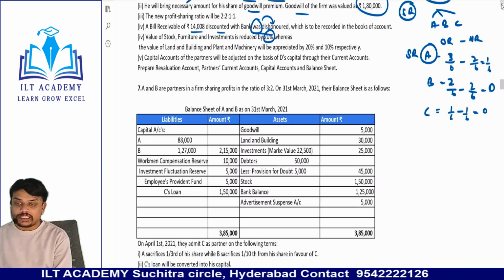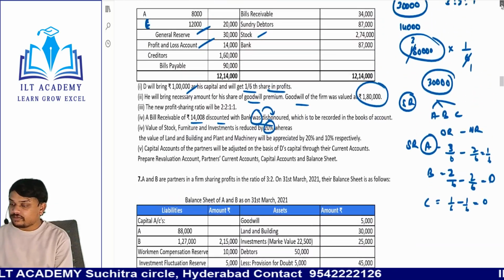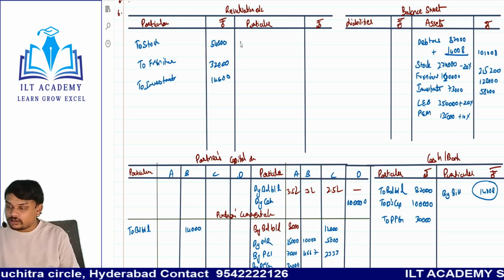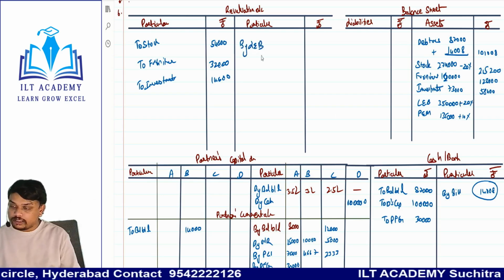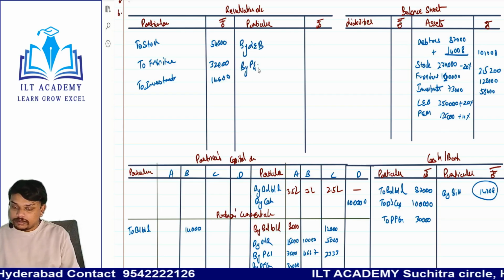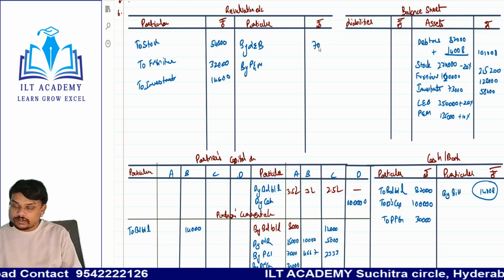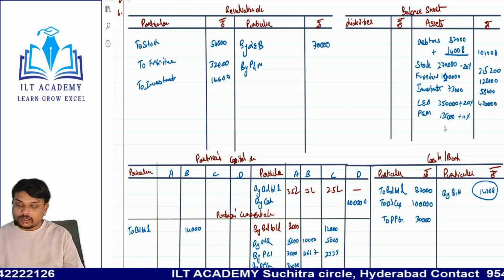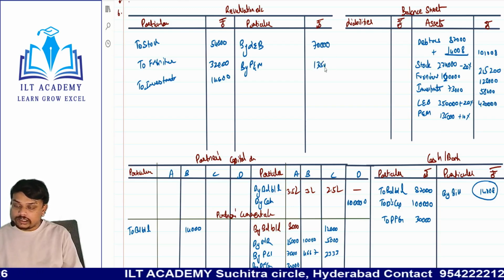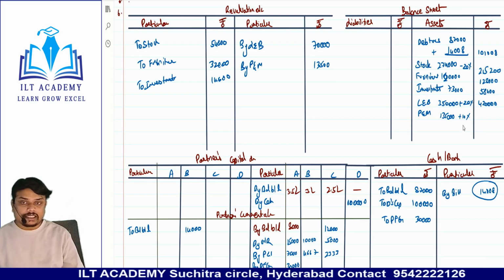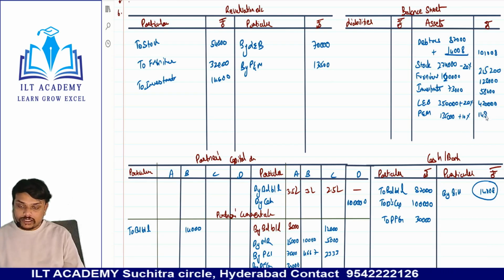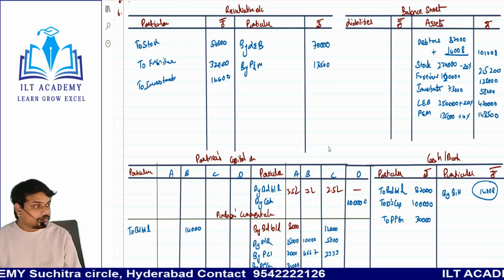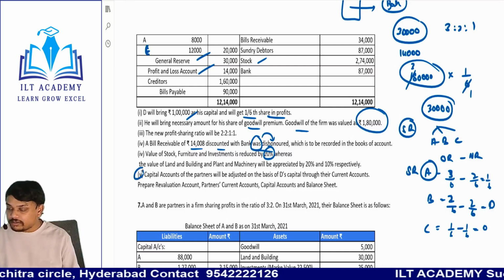Sorry, these are appreciated, so it gets added. 20% of 3,50,000 is 70,000, so it becomes 4,20,000. And 10% of 1,35,000 is 13,500. This is a benefit. When you add this to 1,35,000, you will get 1,48,500. Any doubts? Got it? Now here comes the major adjustment.